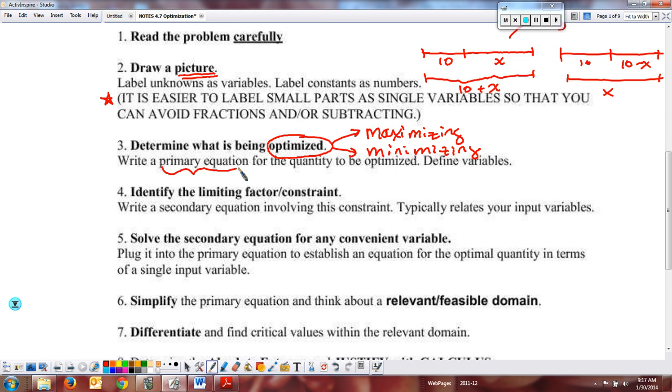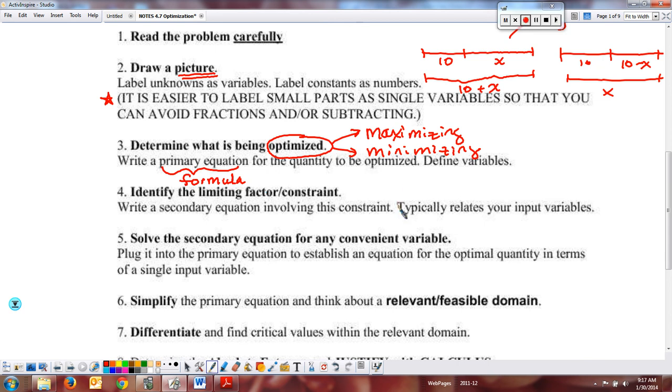Your primary equation is basically just a formula about the object or item that you are maximizing or minimizing. For example, if I want to maximize volume, I go find the volume formula for whatever this object is. If I want to maximize area, I use an area formula. So you basically have to come up with, hey, what am I optimizing? What is a formula that I know about that?